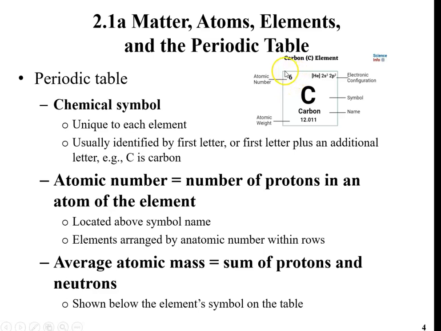And how many protons are in an element is what determines which element it is. Elements are arranged in increasing atomic number within the rows of the periodic table. And then the average atomic mass, which is the sum of protons and neutrons in the element.